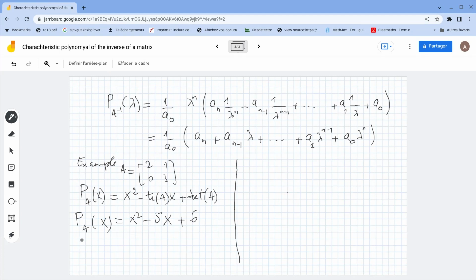So the characteristic polynomial of A inverse is then 1 by a_0, and a_0 is 6.